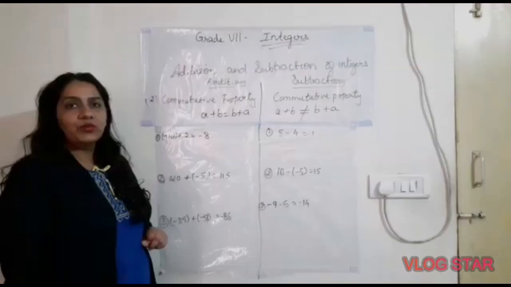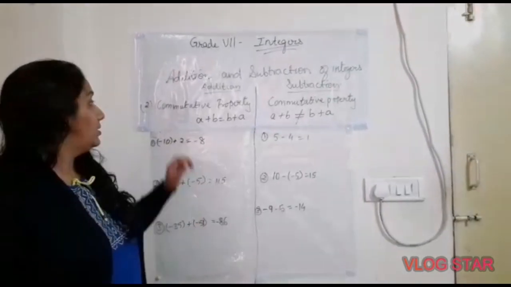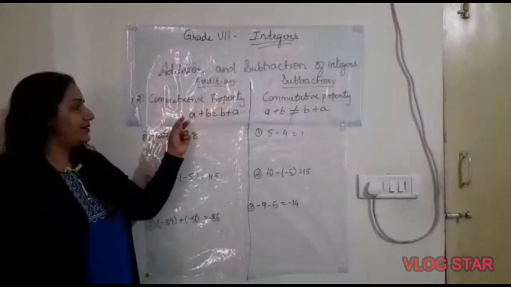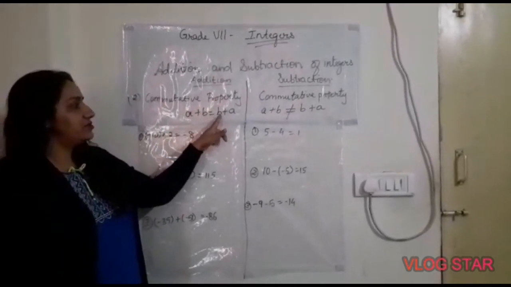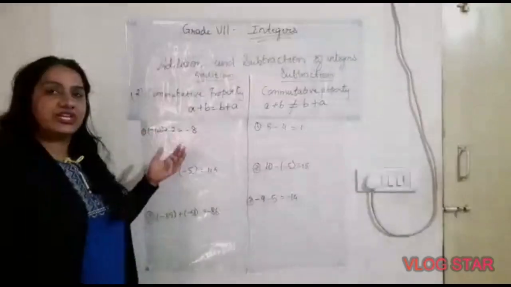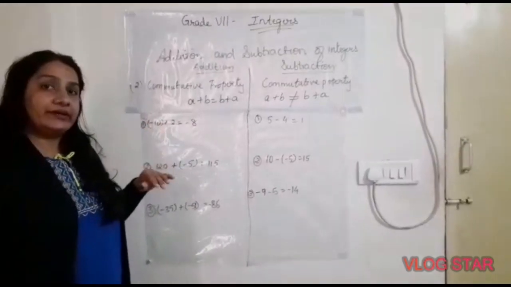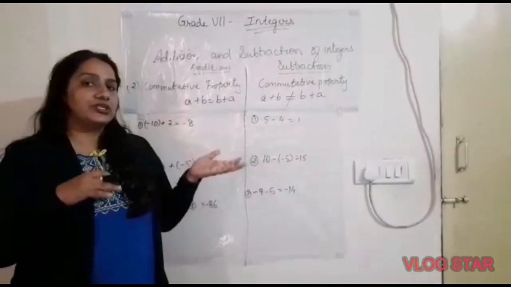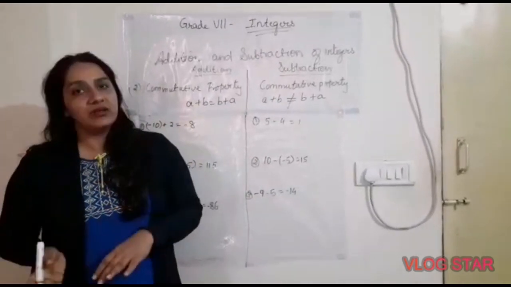Moving on to the next property, the commutative property. It says when two numbers are added, a plus b, it gives b plus a. Means even if you change the order of the augend and the addend, it does not make any change in the result.